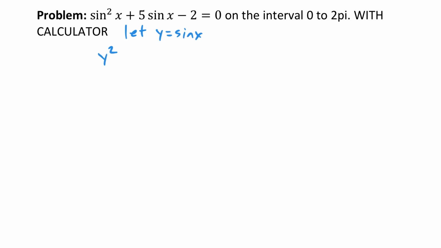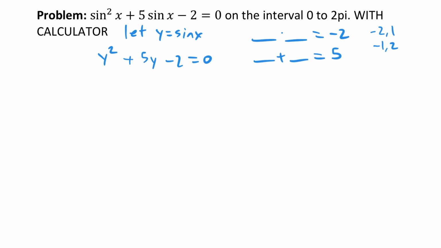So we have y squared plus 5y minus 2 equals 0. Looking for two numbers that multiply to give negative 2 and add to give 5. Well, the only numbers that multiply to negative 2 are negative 2 and 1 or negative 1 and 2. Neither one of those add to 5.